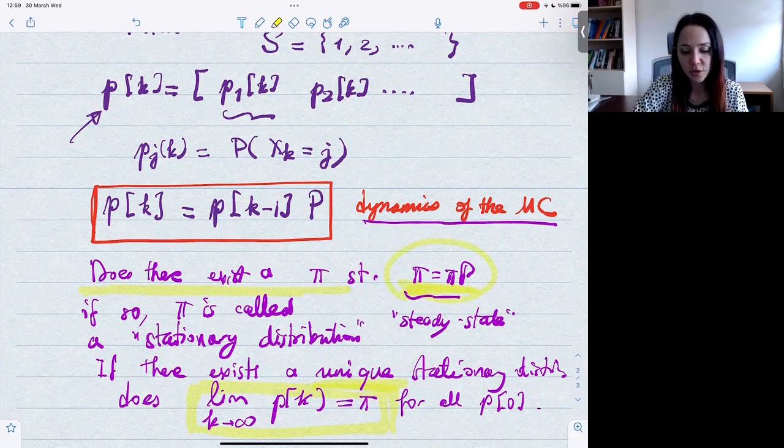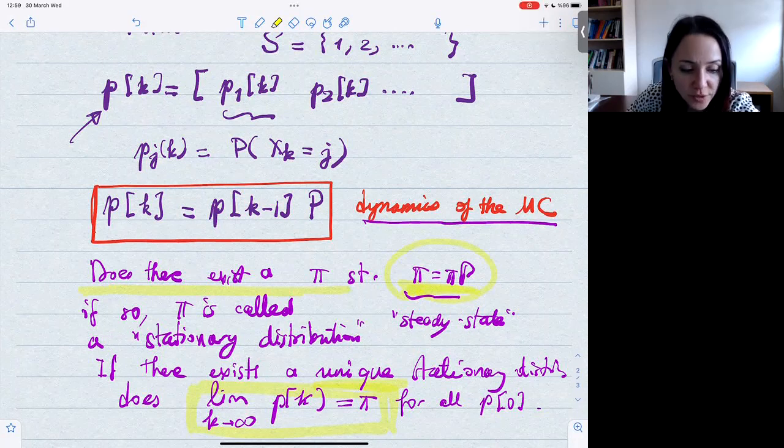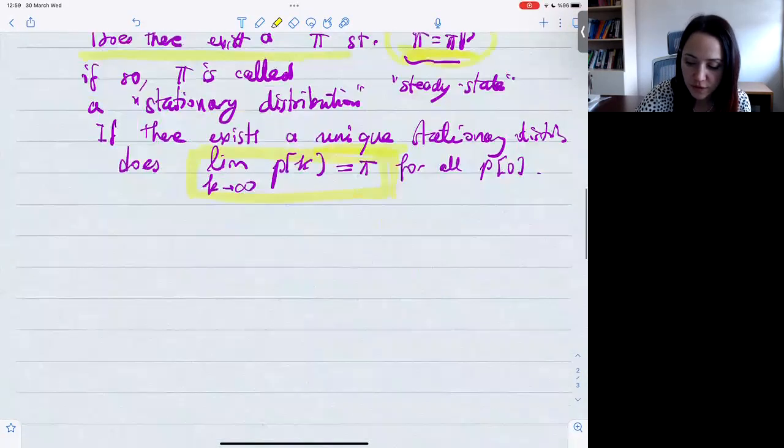To sort of go one step further, if there's a unique steady state, the Markov chain is ergodic. But even if it is ergodic, that doesn't mean there's going to be convergence. For there to be a stationary distribution, first of all, the Markov chain has to be aperiodic. Okay, so let's go now one step at a time.